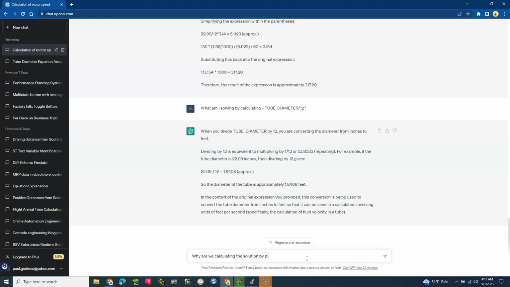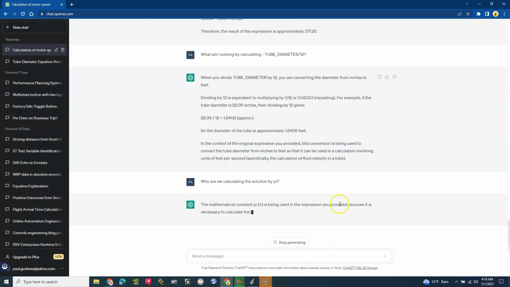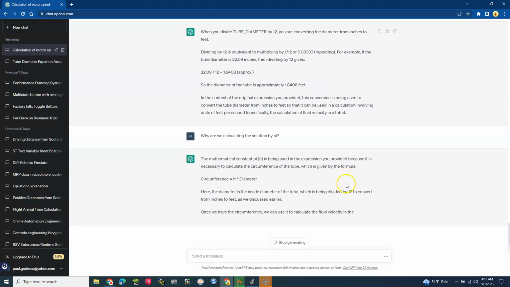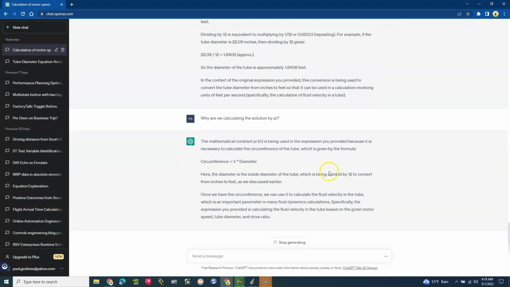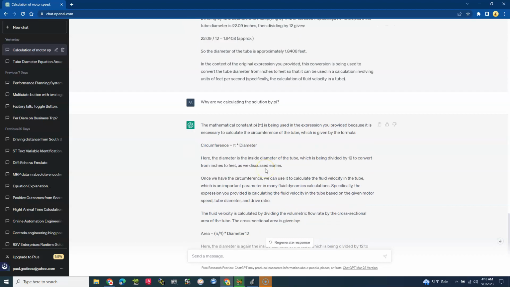What am I trying to do by calculating pi in this solution? Okay, pi is the mathematical constant used in the expression you provided because it is necessary to calculate the circumference of the tube, which is given by the formula circumference equals pi times the diameter. Here, the diameter is the inside diameter of the tube, which is divided by 12 to convert from inches to feet.